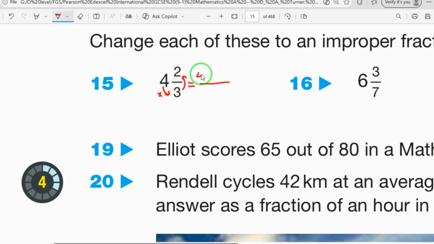We write 4 multiplied by 3 plus 2, and we write the denominator as itself. So 4 times 3 is 12, plus 2, over 3. Then 12 plus 2 is 14, so 14 over 3. It is converted to an improper fraction.